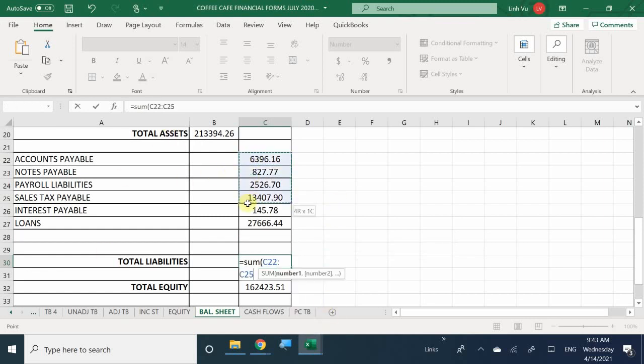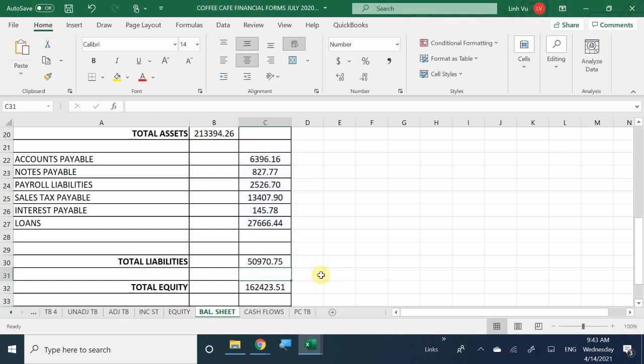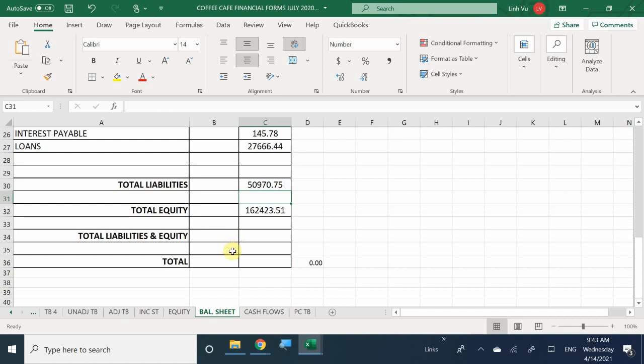Okay, what's my total liabilities? 509.7075. Last but not least, we got to compute our formula. What is my total liabilities plus my equity?